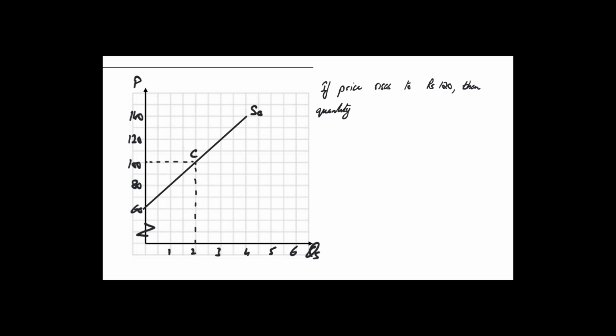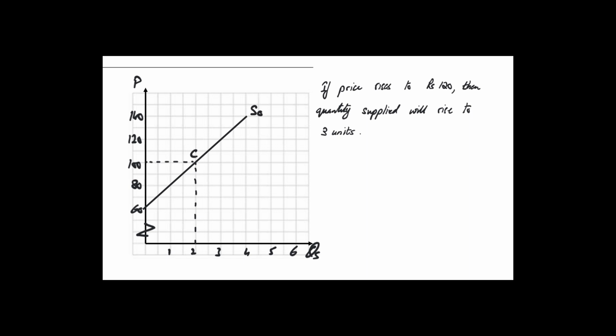Because whenever you say supply will increase, I'm thinking in my head you're saying a shift will happen in the supply curve. It's a non-price factor. But since price is rising, you would say that quantity supplied will rise to 3 units.